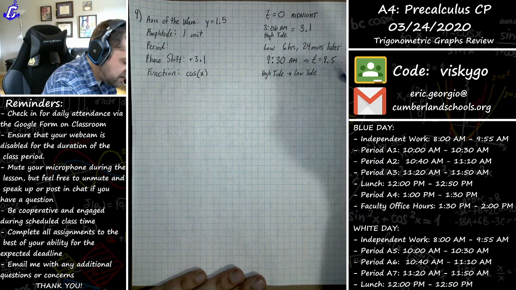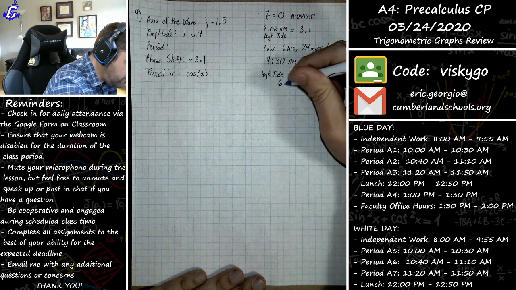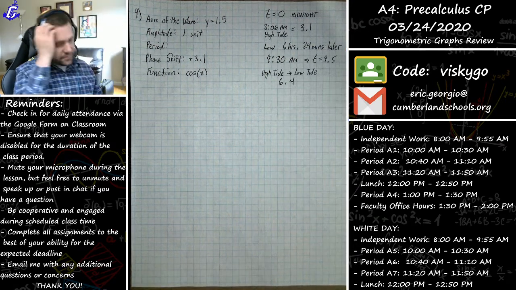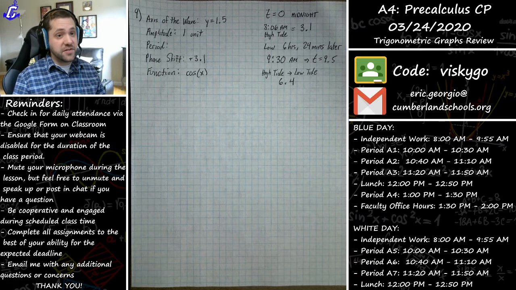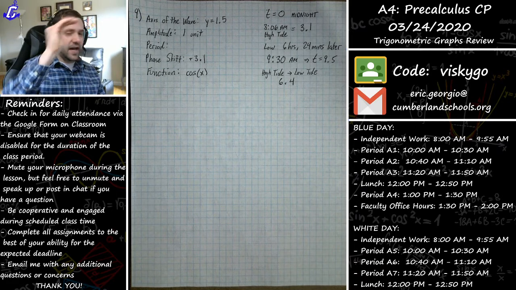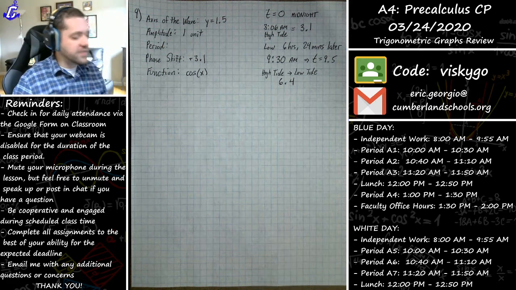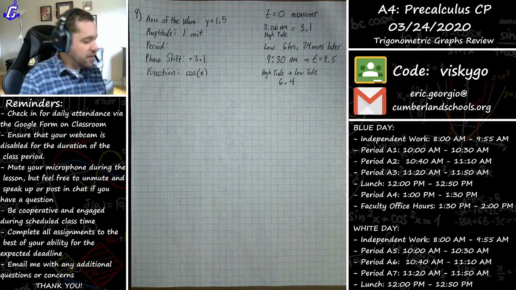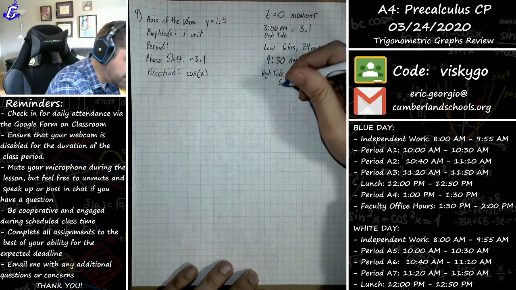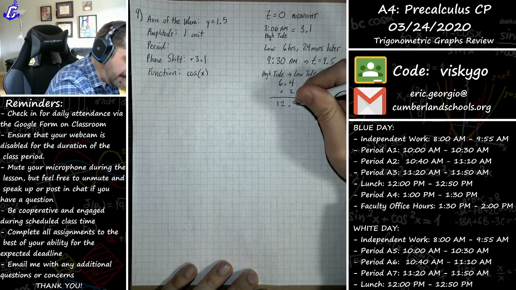You can represent that with a decimal, from 3.1 to 9.5, that's going to be 6.4, correct? But that doesn't represent the entire cycle. The entire cycle is when you start at high tide, go to low tide, and come back to high tide. And that's the key. So if it takes 6.4 to complete half of the cycle, then a full cycle, if my mental math is correct, would be 12.8 hours.